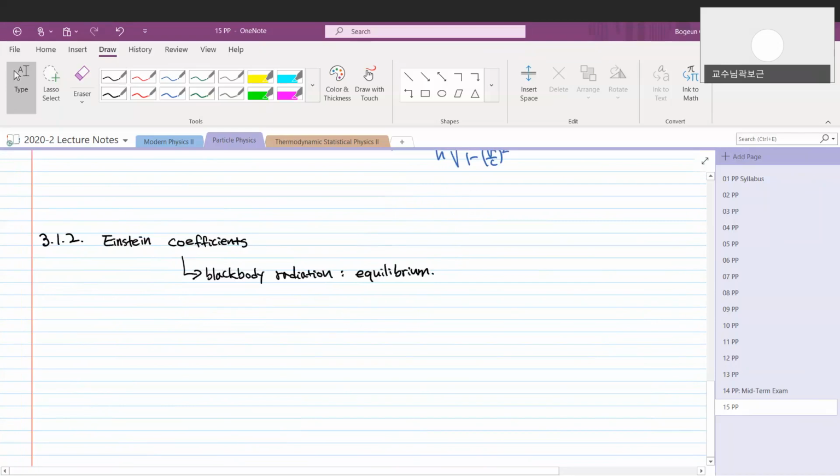So let's consider a two-state system, a very simplified black body radiation. There are two energy states, E1 and E2. Many atoms can lie in these states.